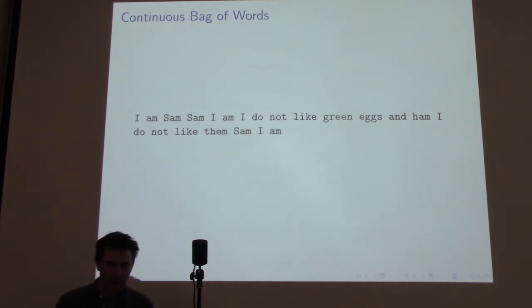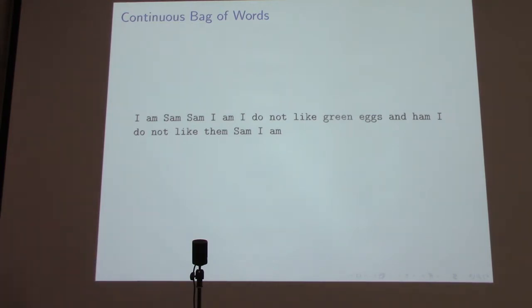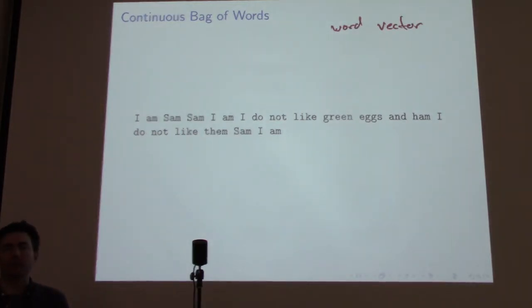Okay, so in the last 10 or so minutes, I want to mention another way of modeling text, which has become very popular in these so-called word vector representations. This is now the default starting point when modeling text.